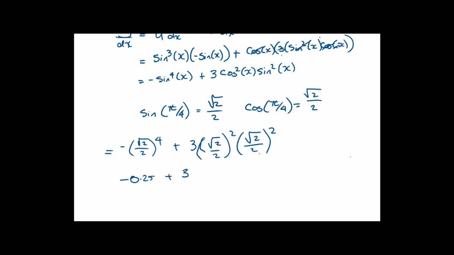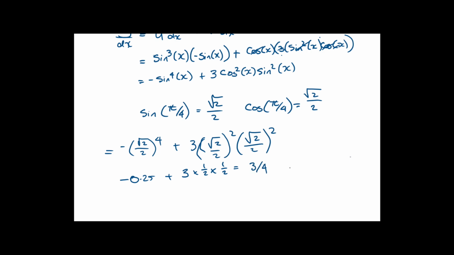So square root of 2 over 2 squared is going to be half times a half. Just because there's 2 of them doesn't mean we add them because there's no addition sign there. So we're going to multiply them. So 3 times a quarter is 3/4.